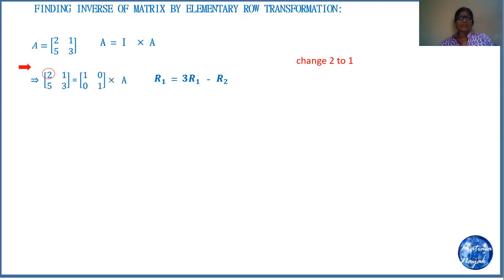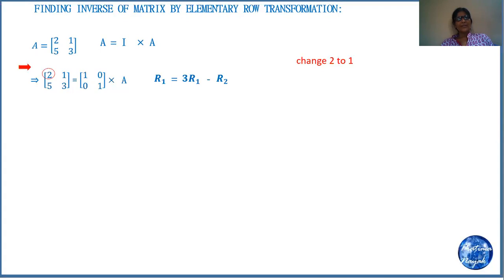So in this operation I can change 2 into 1, and when I change 2 into 1, automatically the other element in the same row 1 will also be changed, and the same operation will be carried out on the identity matrix also. While doing so, you should be very careful that each step is followed.